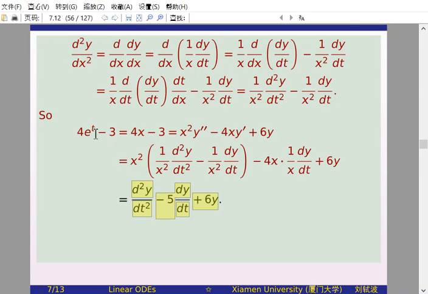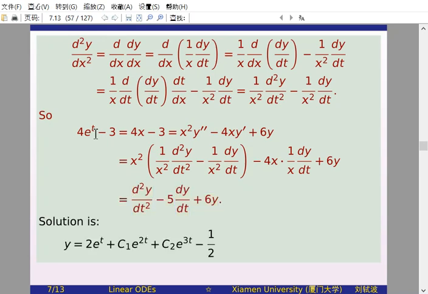But such an equation is very easy to solve. So the solution is y equal to this, which is the solution of the homogeneous equation, plus 2x minus a half. This particular solution of the non-homogeneous equation is obtained by assuming y equals ax plus b and determining a and b.